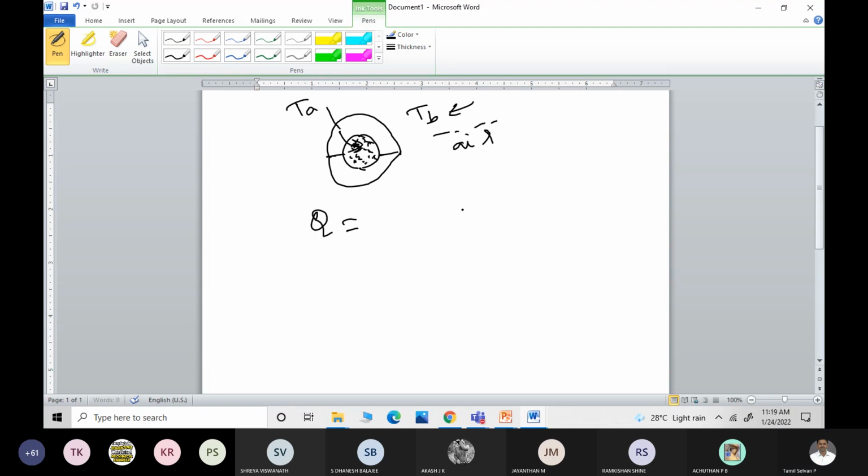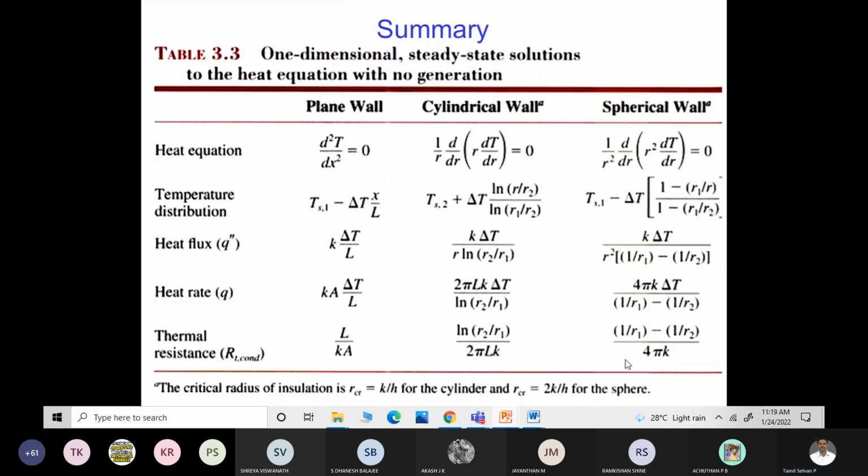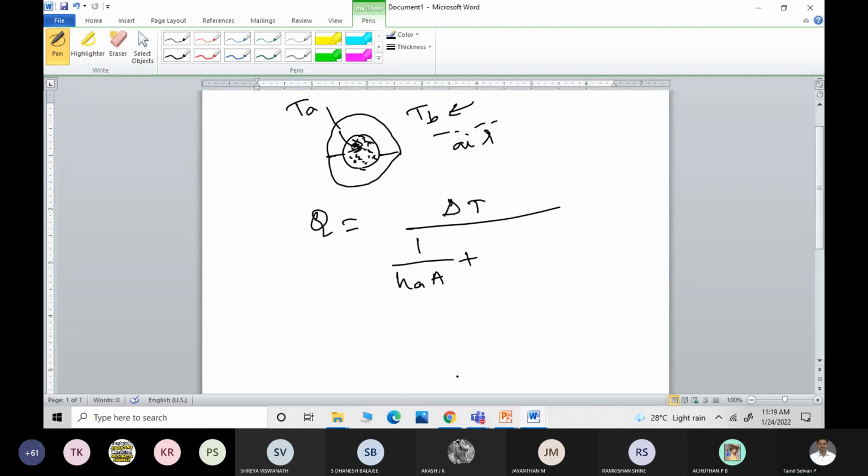You can write Q equal to del T divided by 1 by HA into A, plus whatever expression we got now. What is the expression we got? 4 pi k, 1 by R1 minus 1 by R2 divided by 4 pi k, plus 1 by HB into area.